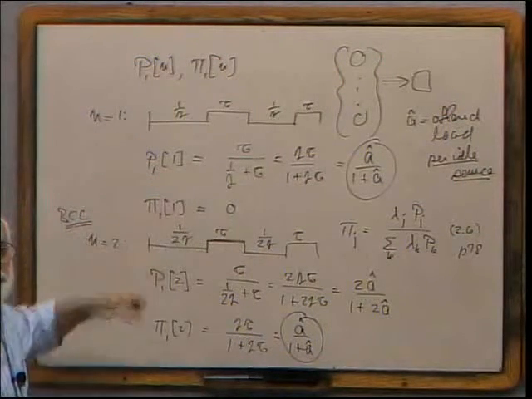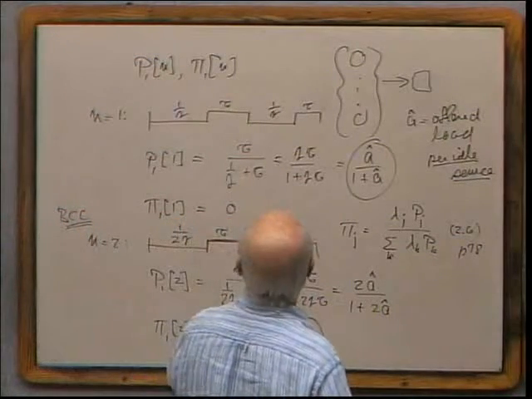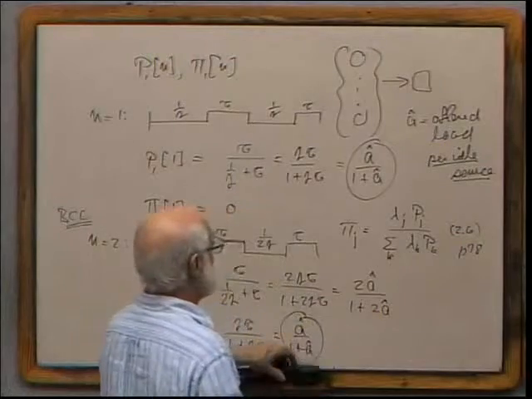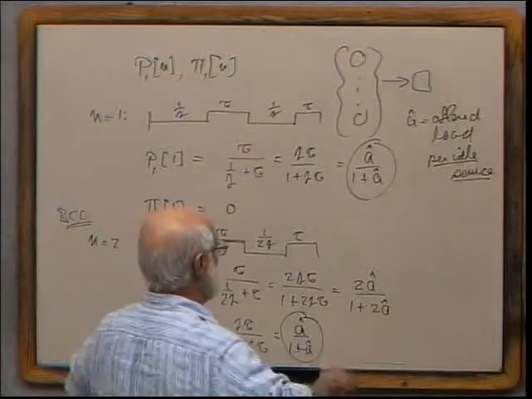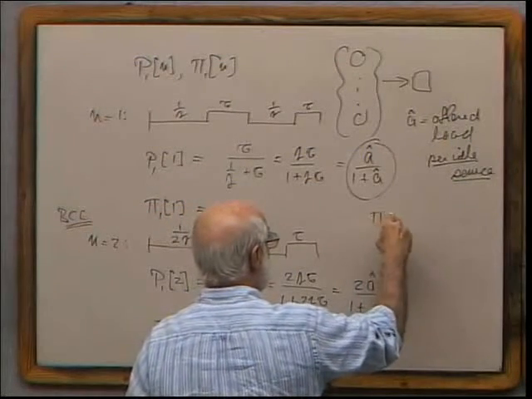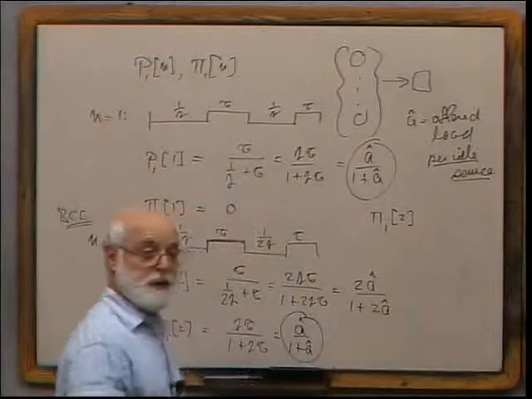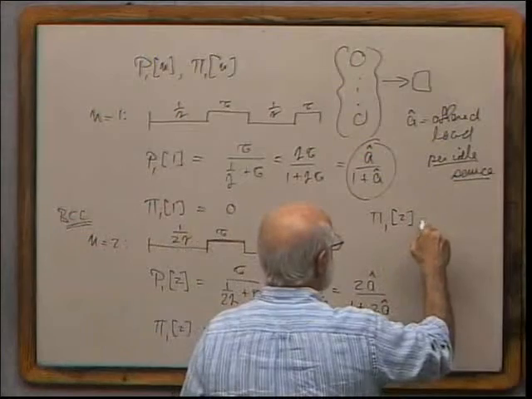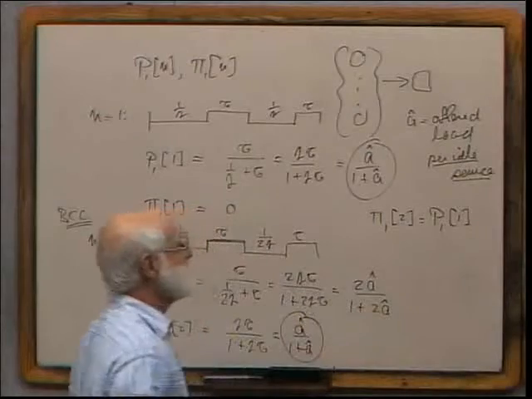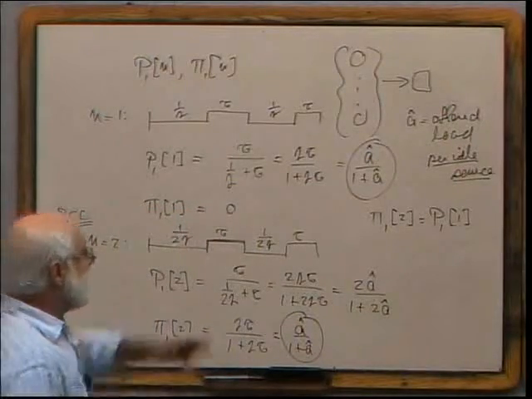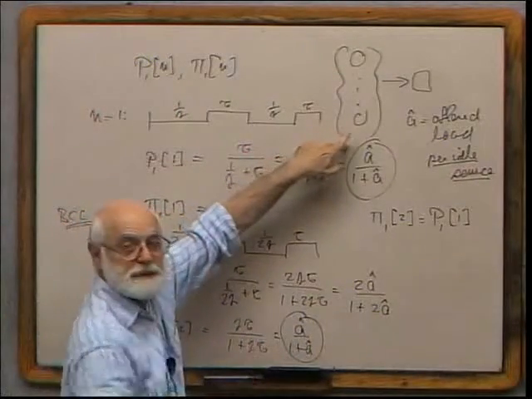Okay, I'll get rid of this formula here; we don't need it at the moment. My observation is that the probability in a 2-source system that a request finds the server busy is the same as the probability in a 1-source system that the server is busy. We got that because we made these calculations and they turn out to be the same thing. So I can give that an interpretation.